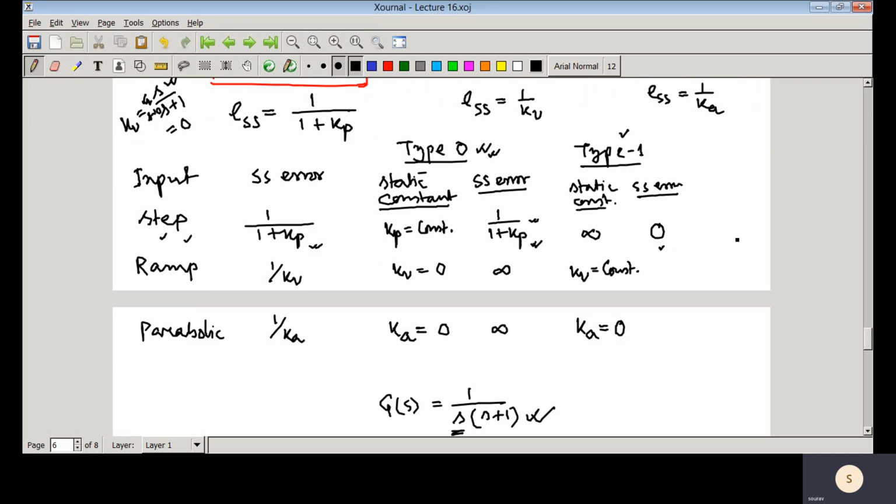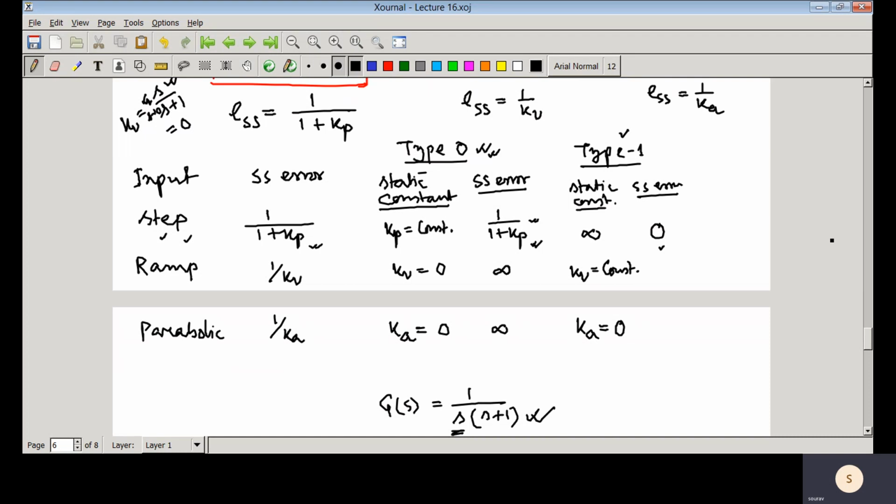So that's why whenever we want to track a reference command, and the reference command is step input, then that system at least should be a type 1 system. That means at least it has one pole at origin.